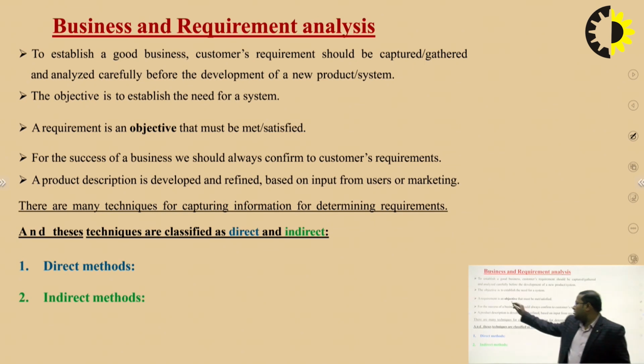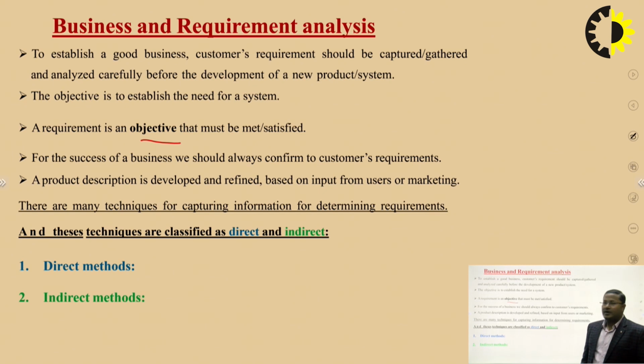A requirement is an objective that must be satisfied, that must be given by the developer to the customer. For the success of a business, we should always confirm the customer requirement. If we are confirming the requirements of the customer, then we are also providing a good quality product to the customer. A product description is developed and refined based on input from users and marketing.